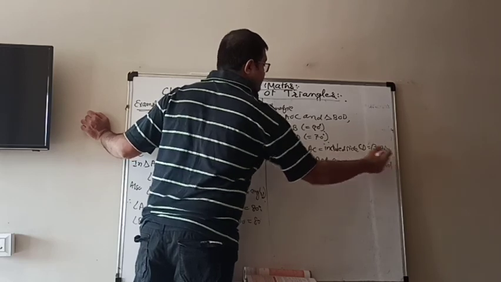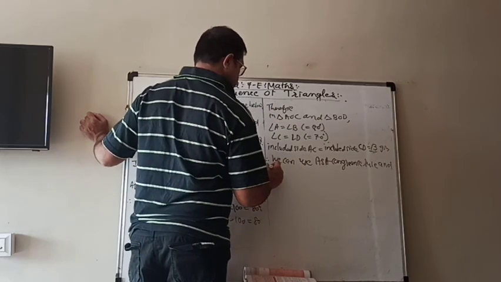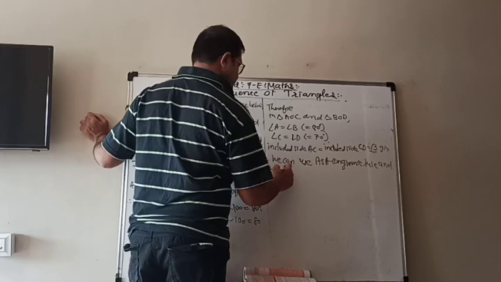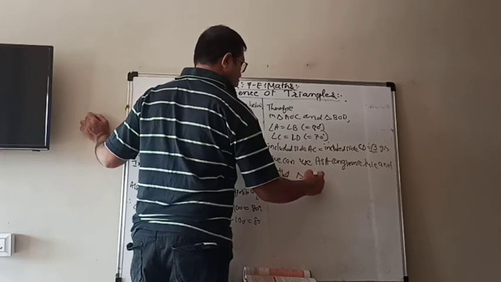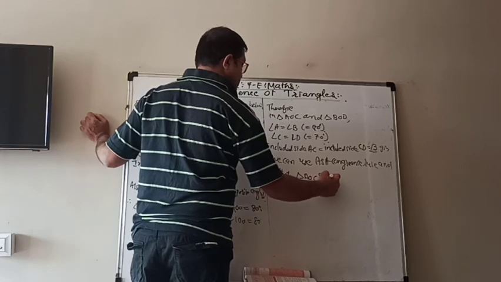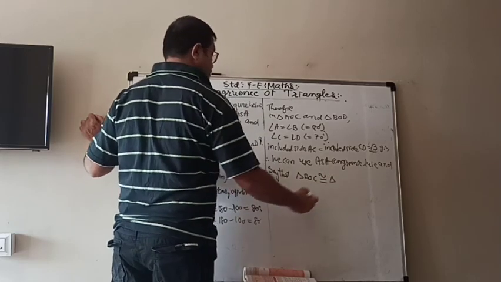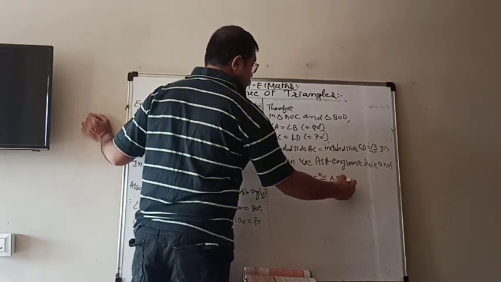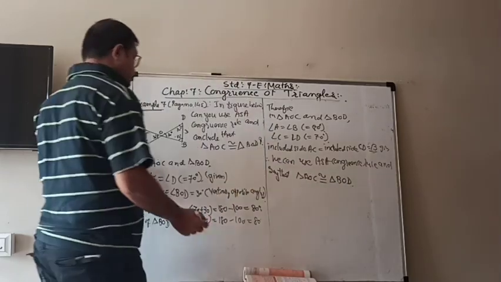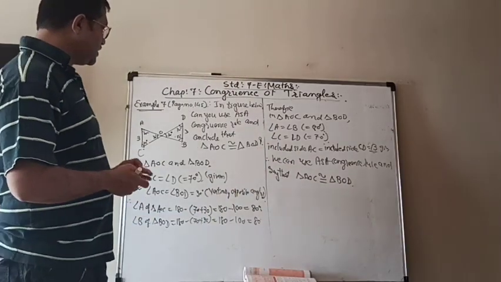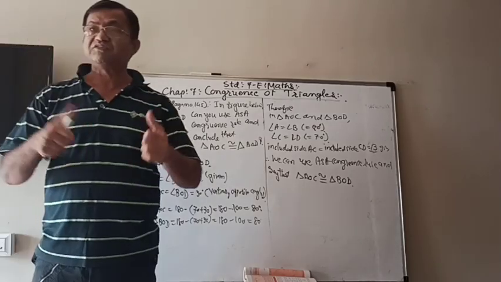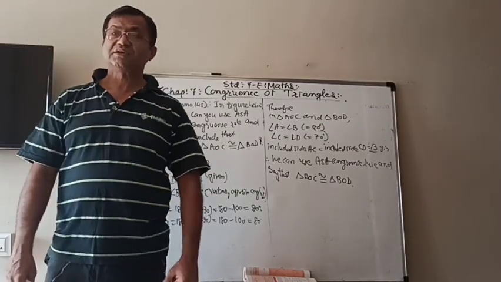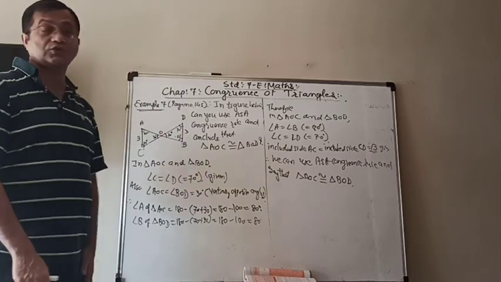and say that triangle AOC is congruent to triangle BOD. So at first look we can understand that we cannot use the ASA congruence rule.